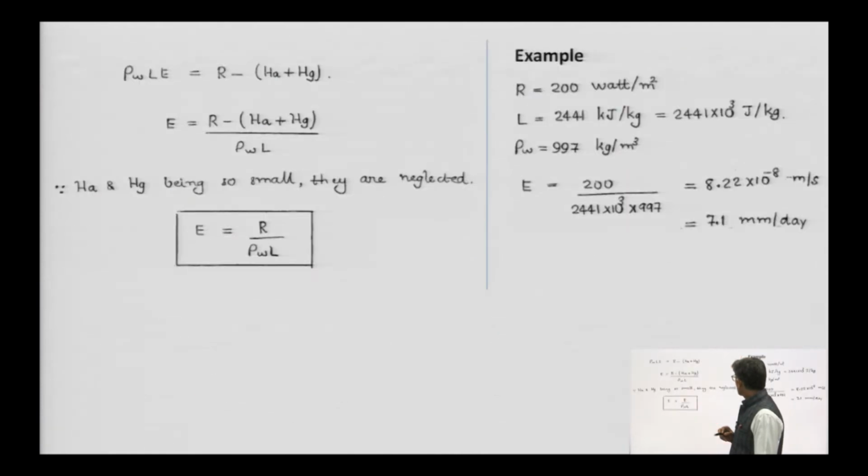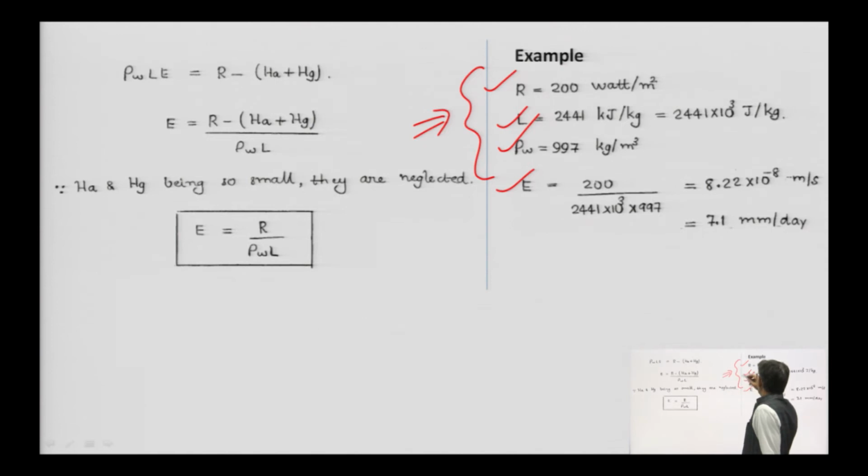Say R, L and rho w are known to us: R is 200 watts per square meter, which is the solar radiation received on this surface area.